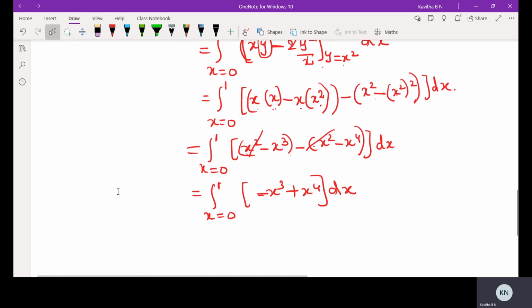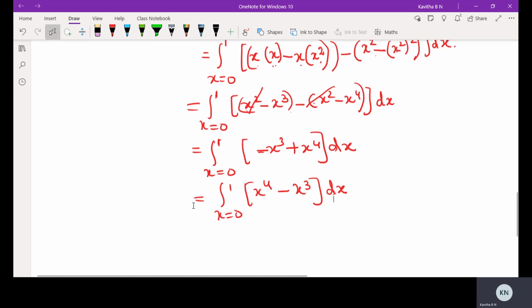Okay, then next, integration from x equal to 0 to 1 of x to the power of 4 minus x to the power of 3 dx.